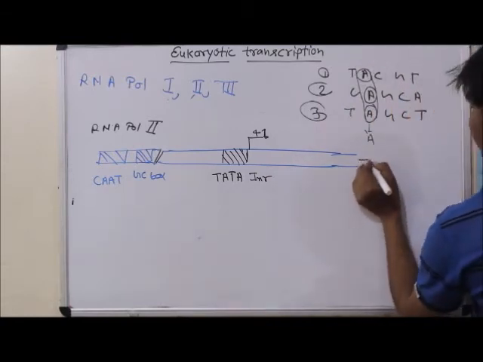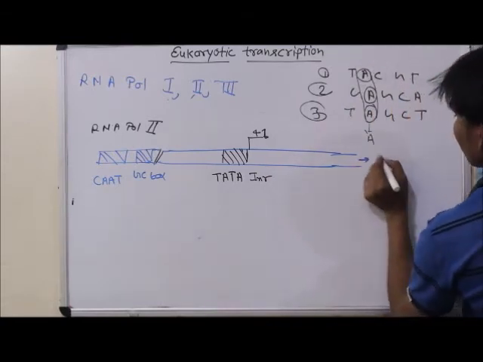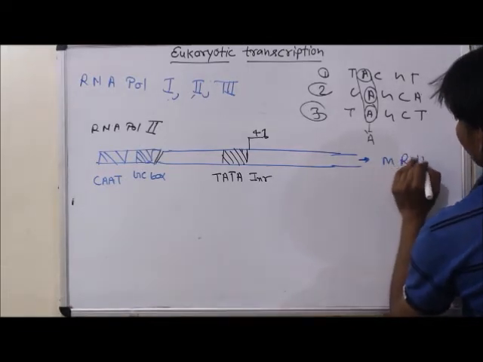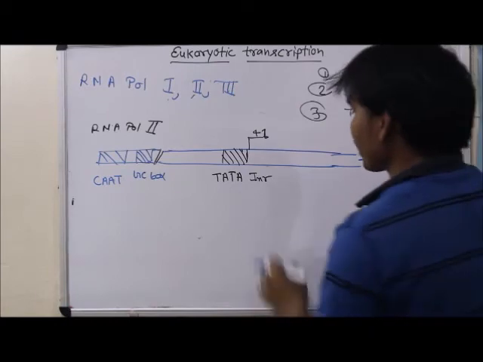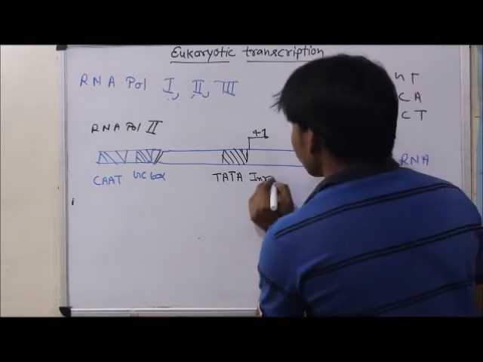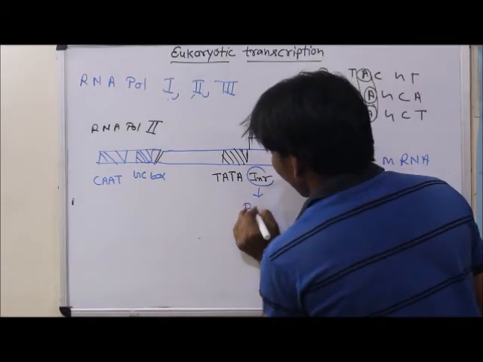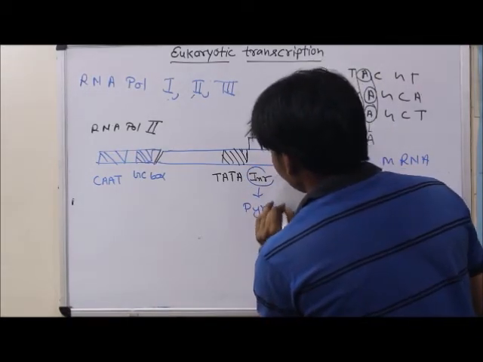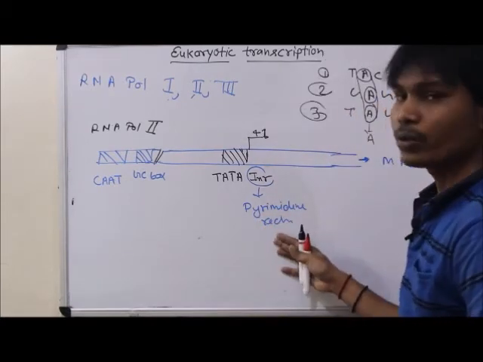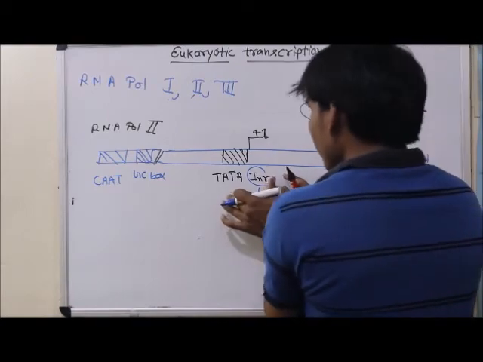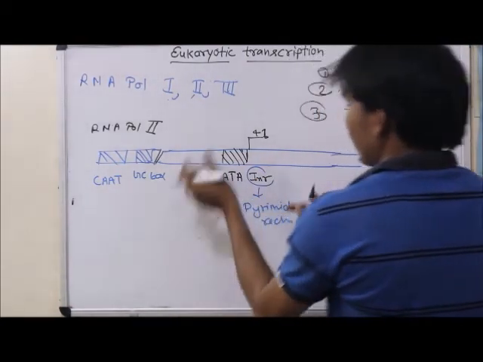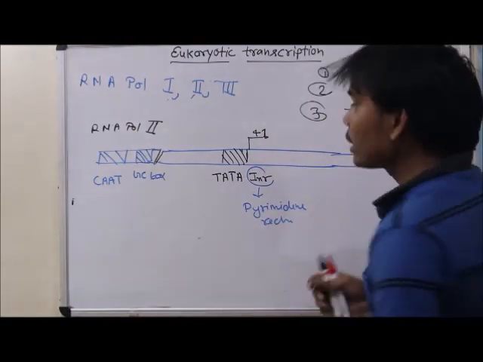So it transcribes mRNA. The initiator sequence becomes AT rich and especially pyrimidine rich. This is the CAAT box and GC box, part of RNA polymerase II.